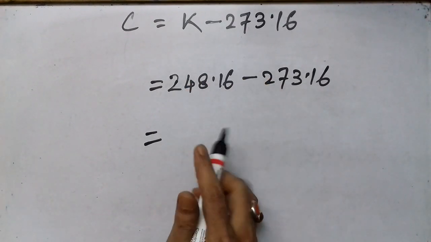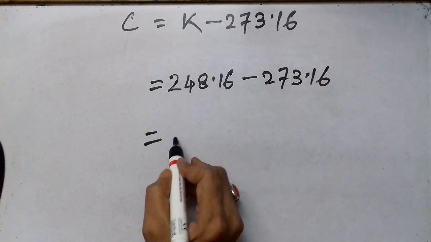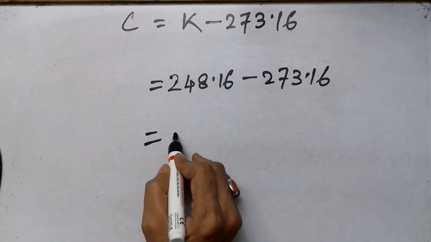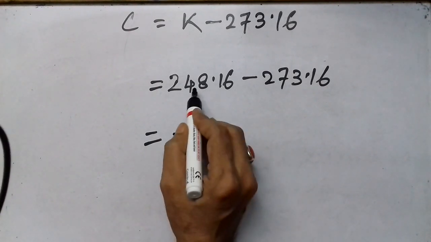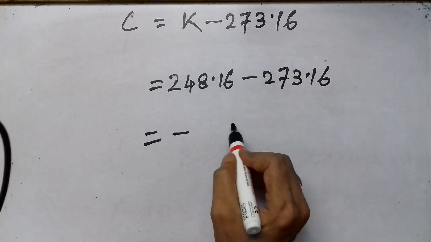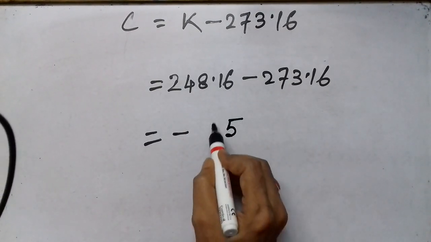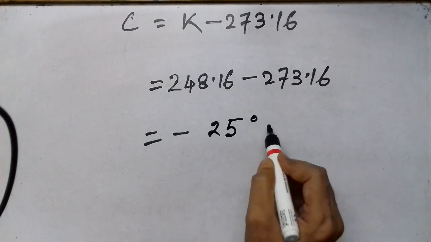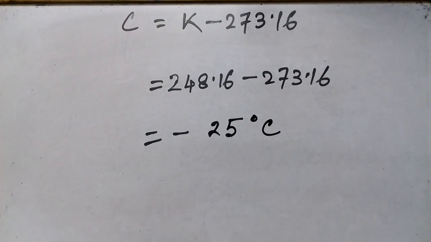This can also be possible. In that case, the result will be negative. Otherwise, the process of subtraction will be same. Minus 25 degree Celsius.